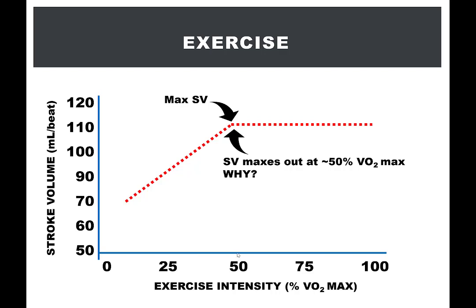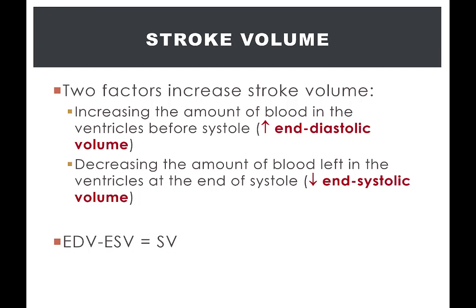So the next question is, why does stroke volume max out at around 50% VO2 max intensity? And why can't it increase any further from here, even with an increase in exercise intensity? Well, first we need to understand the factors that determine stroke volume.